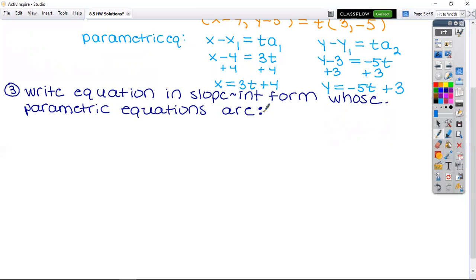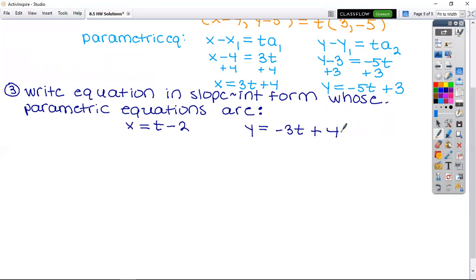So I want to give you x is equal to t minus 2. And then your second one, I'm going to go y is equal to negative 3t and then plus 4.